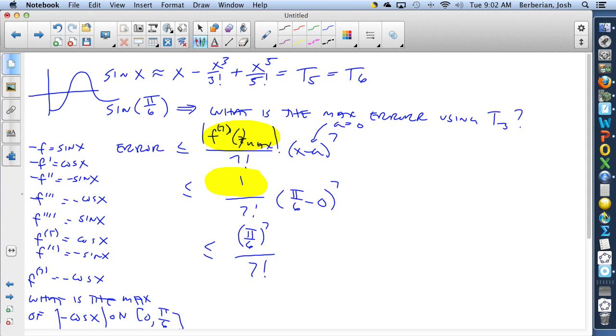The cosine of 0 is 1. As a matter of fact, for any of these derivatives, sine or cosine, the most it could be is 1. I was just confused because when I graphed negative cosine of x from 0 to pi over 6 on the calculator, it seems that its maximum occurs at pi over 6.